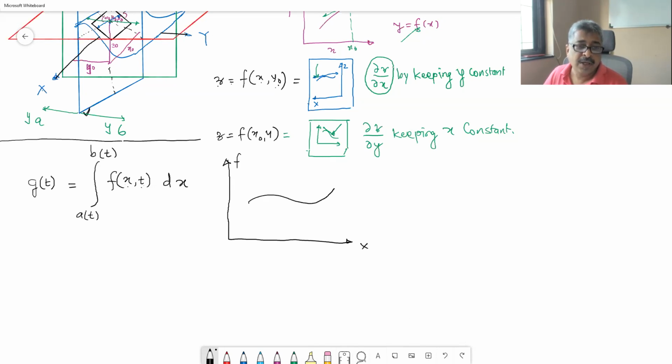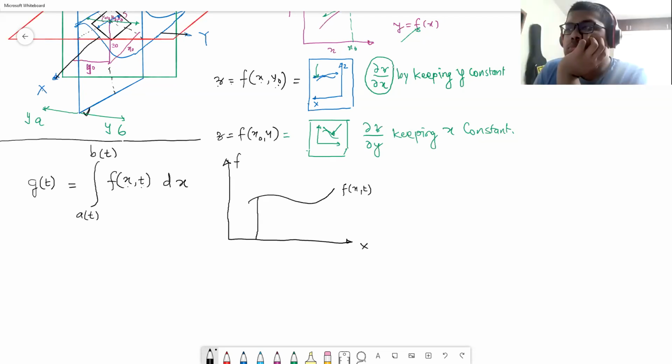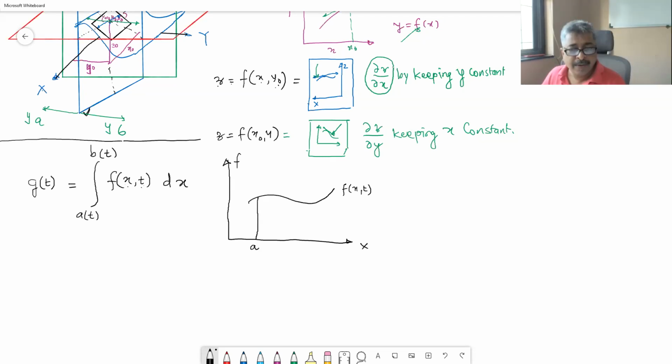So this axis is f, and this is your function f of x comma t. It behaves like this. Suppose I want to know the value of the function at a, I go here and find out. What is the value of the function at b? I go here, I find out.